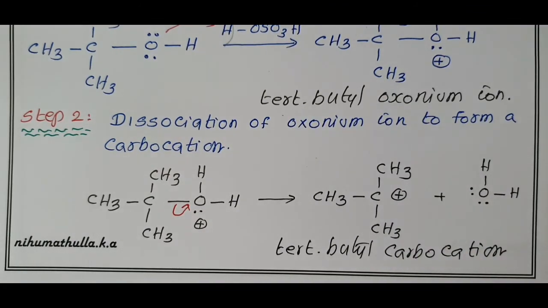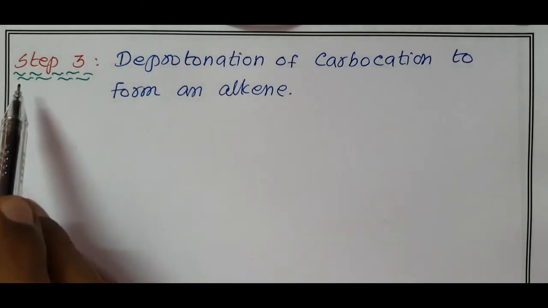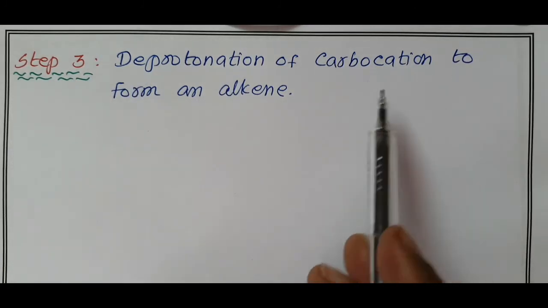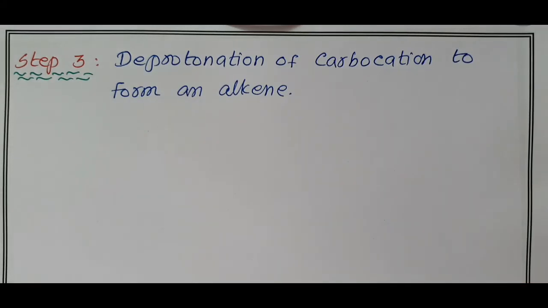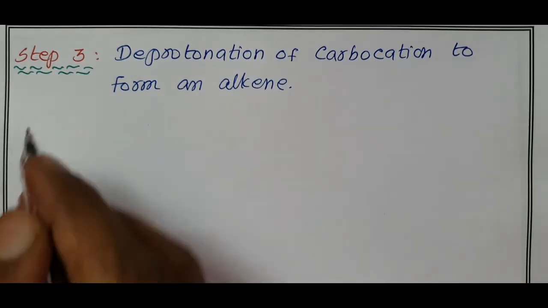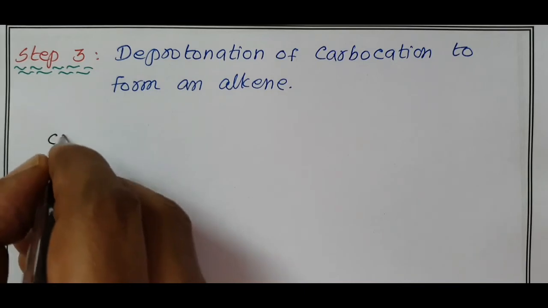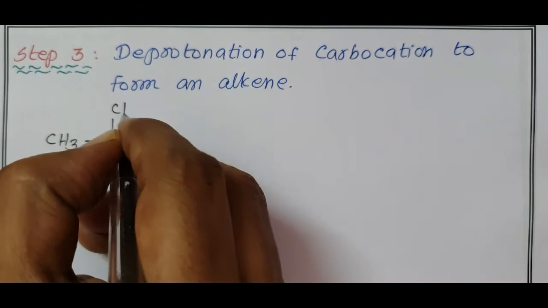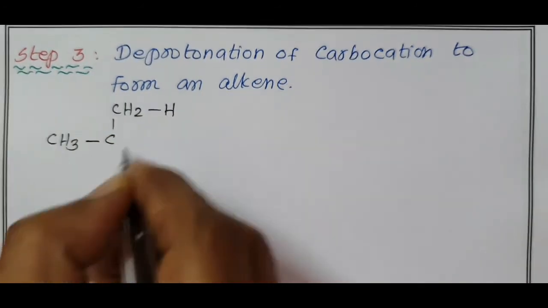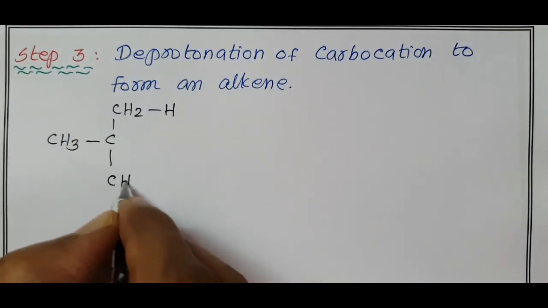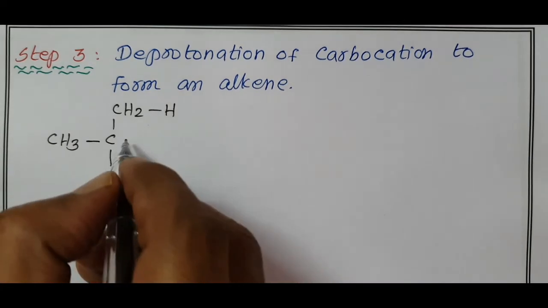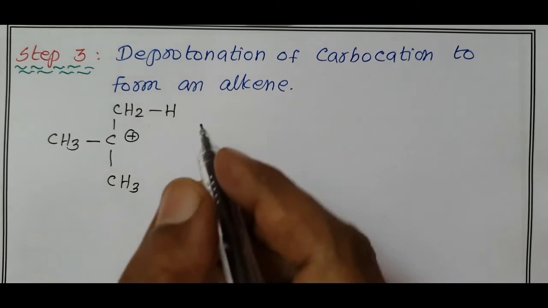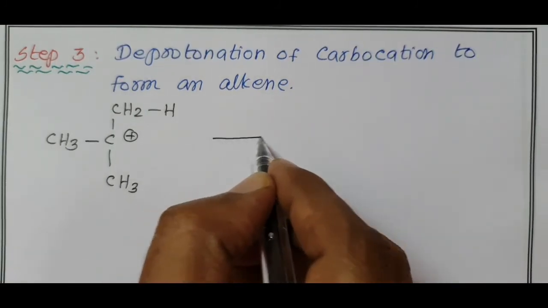Now step 3 is deprotonation of the carbocation to form an alkene. The carbocation obtained in the second step: CH3, C, CH3, and here you have one CH3. There is a positive charge on this carbon atom. Step 2 is a slow step, but step 3 is a fast step.